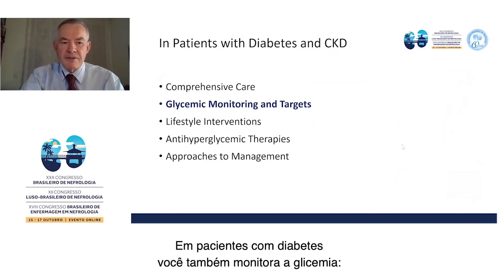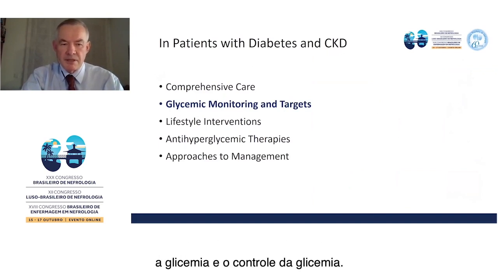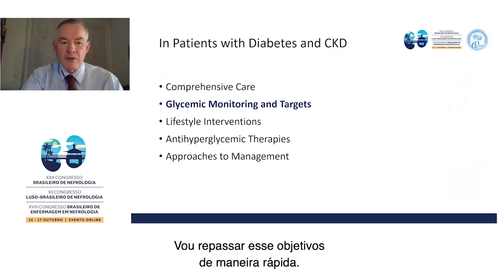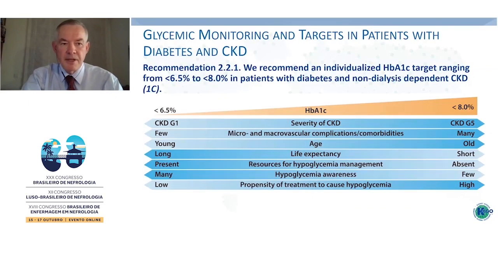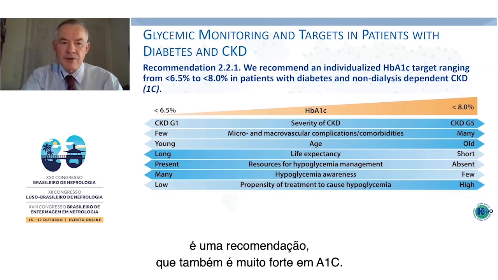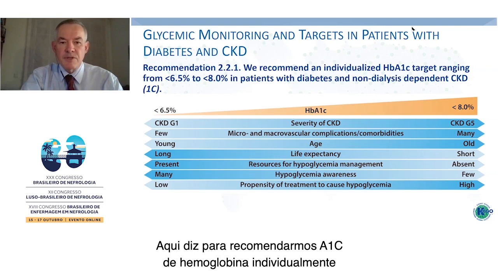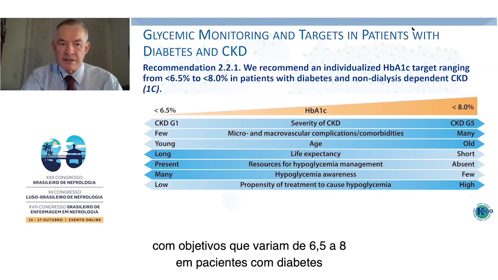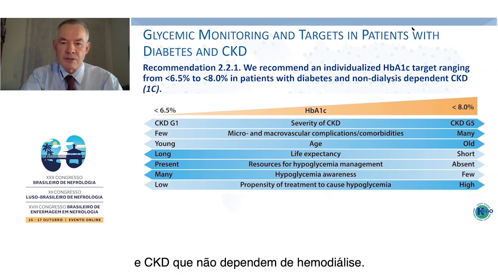In patients with diabetes, you also monitor glycemia and glycemic control, and you have targets. Therefore, I will shortly go over these targets. Glycemic monitoring and targets in patients with diabetes and CKD is a recommendation which is also quite strong, a 1C. And it says that we recommend an individualized hemoglobin A1C target ranging from 6.5 to 8 in patients with diabetes and non-dialysis dependent CKD.